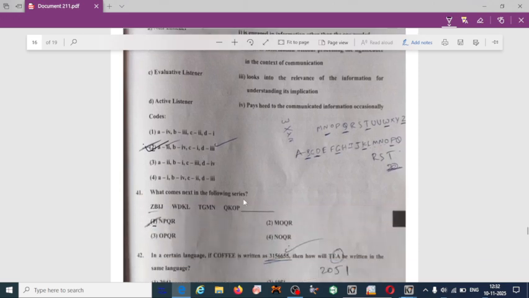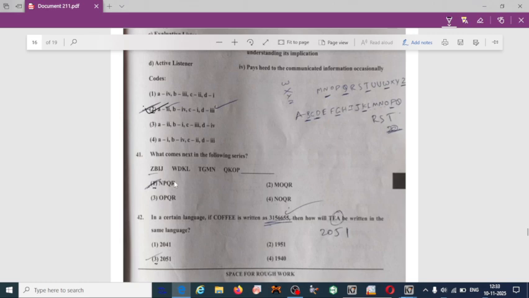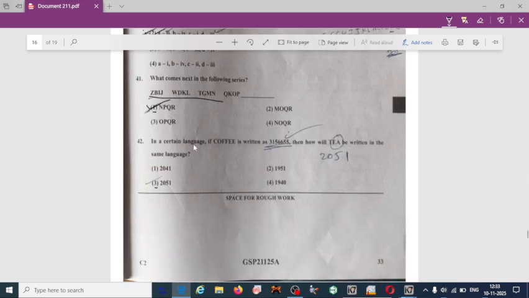What comes next in the following series? So here they have given the series, the correct option is 1, NPQR. In a certain language, coffee is written as given, how will tea be written in the same language? Option 3, 2051.